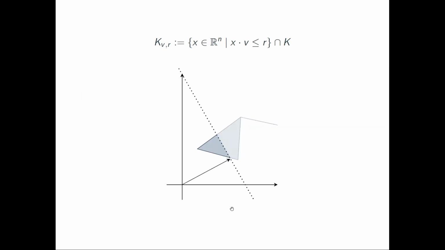And the intersection of this half space with the embedded simplicial complex K gives a portion of the complex here, which is the darker region in this figure. So you can say that the Euler curve transform records the Euler characteristic of this region for every direction v and for every real number r.